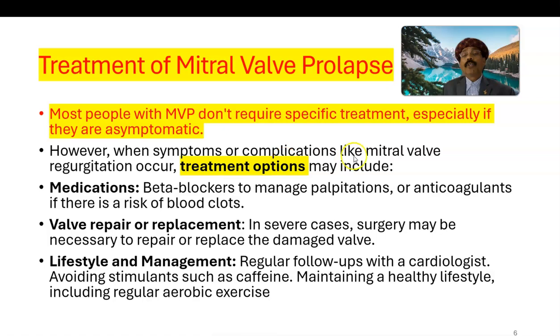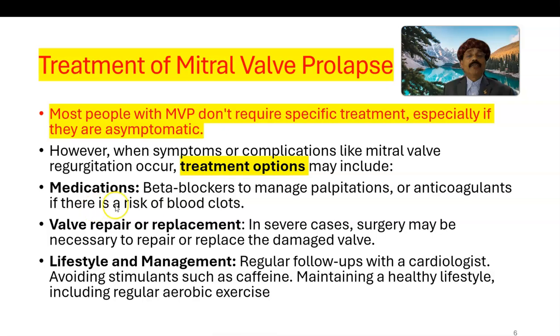However, when symptoms or complications like mitral valve regurgitation occur, treatment options may include medication like a beta blocker such as propranolol, or a selective beta blocker like atenolol, to manage palpitations. An anticoagulant, maybe a dicumarol derivative, or heparin during pregnancy, may be used.